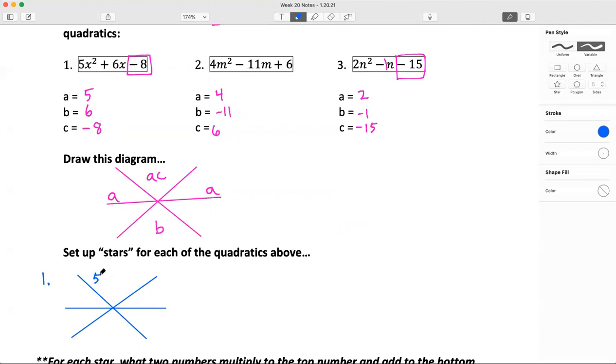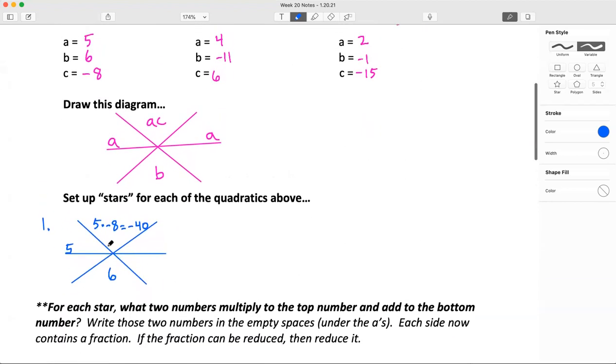So that means 5 times negative 8. That is negative 40. All right. In the bottom, we have B, which is 6. So you'll put 6 down there. And then on the top line here, on the side, is going to be A, which is 5. And then 5 over here.